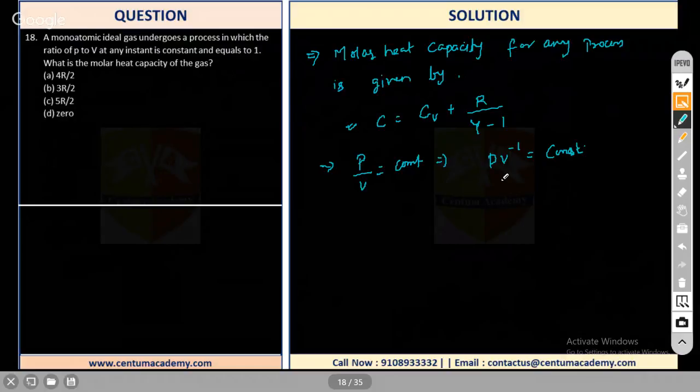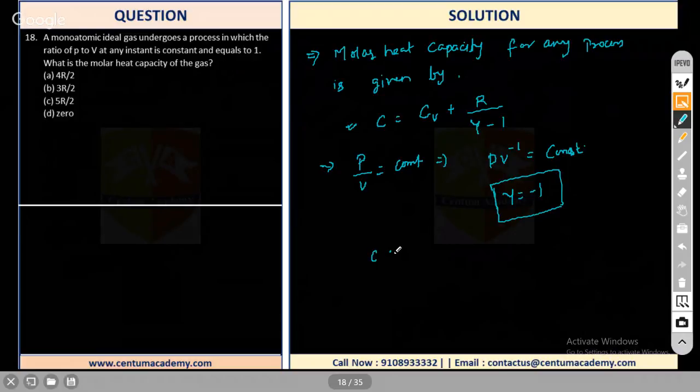Now if you compare this with PV to the power gamma, the gamma value is minus 1. It means for whatever process the question has here, the gamma value is minus 1. This is one of the methods where they give you the P and V relation so that we can obtain gamma and then find the molar heat capacity. So this gamma we substitute over here.